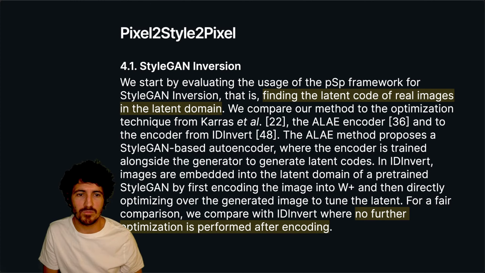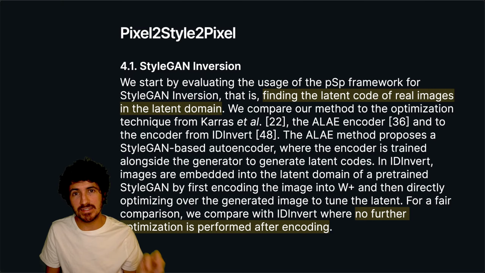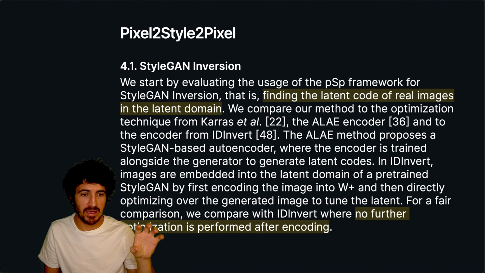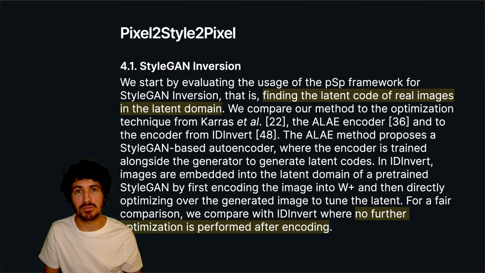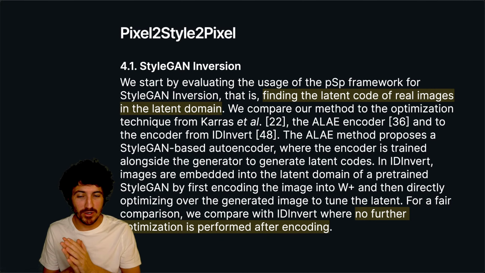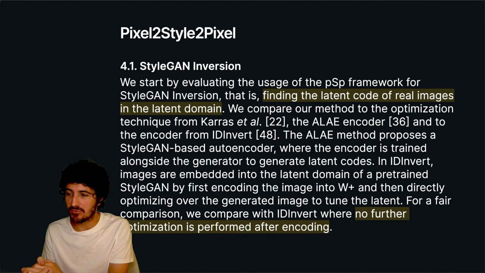So StyleGAN inversion is finding the latent code of real images in the latent domain. The difference between this network and the ALAE and the IDinvert approaches is that no further optimization is performed after encoding, right?